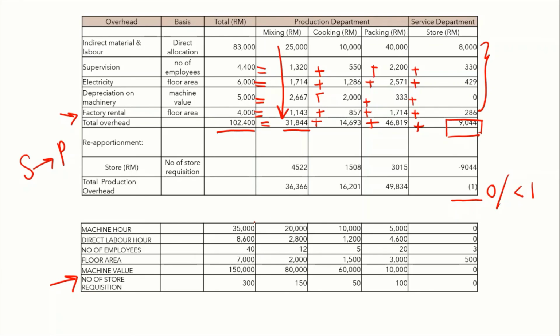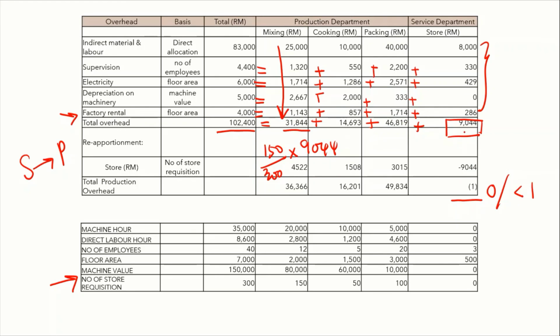So the base of allocation for the reapportionment is here. How do you get 4,522? You will have 150 over 300 times 9044, because you're trying to transfer the total to the production department.